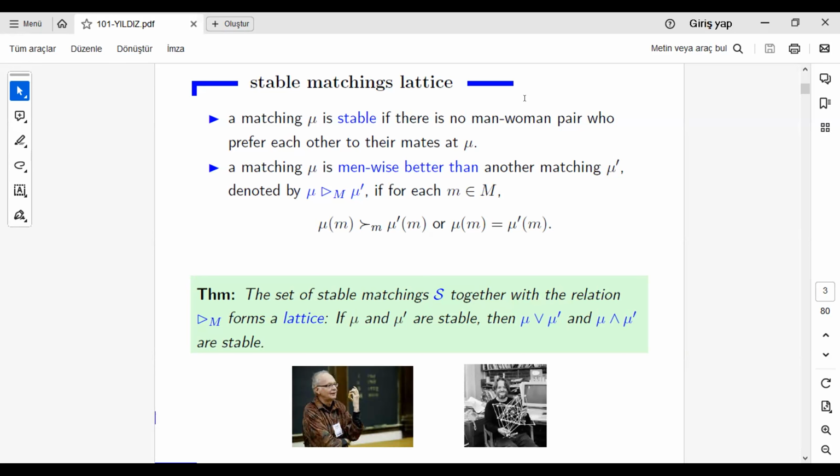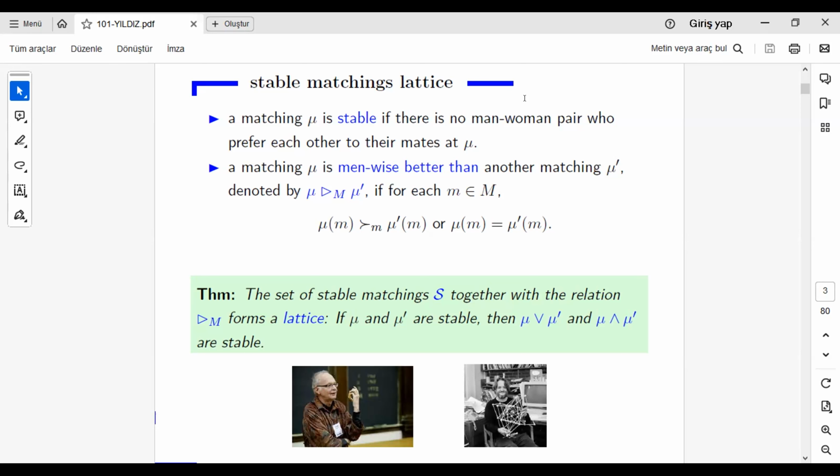So let us say that a matching is man-wise better than another matching if for each man, either he gets the same mate in the other matching, or he prefers his current mate to his mate in the other matching.